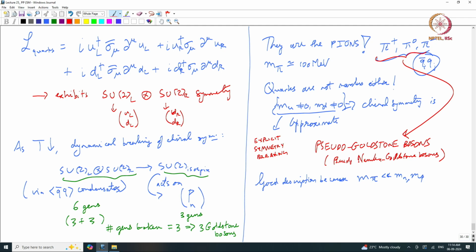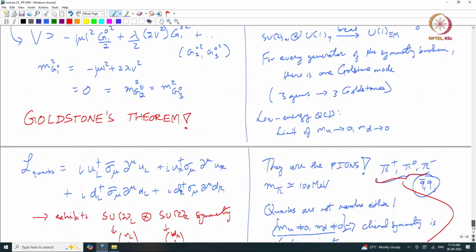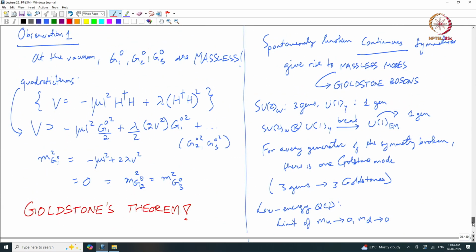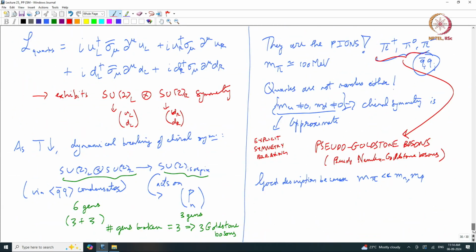Alright. Now, let us go back to Electroweak symmetry breaking, which is a pure spontaneous symmetry breaking, and I am going to make my second observation about this. Okay, which is I am going to start deriving the masses of the gauge bosons.